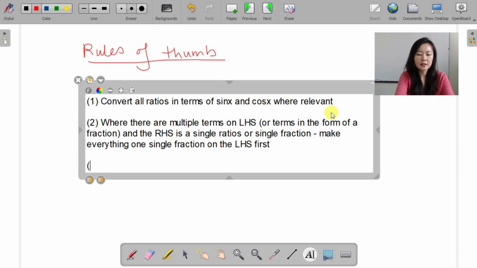All right, so that's your second one. Now the third one is if you see ratios that are squares, most likely there's some sort of Pythagorean identity being used, so that's where you should look.